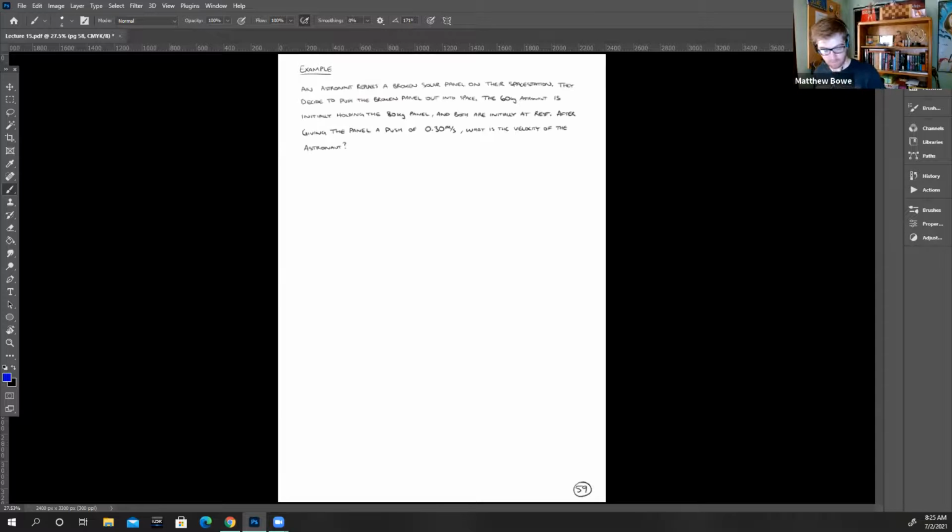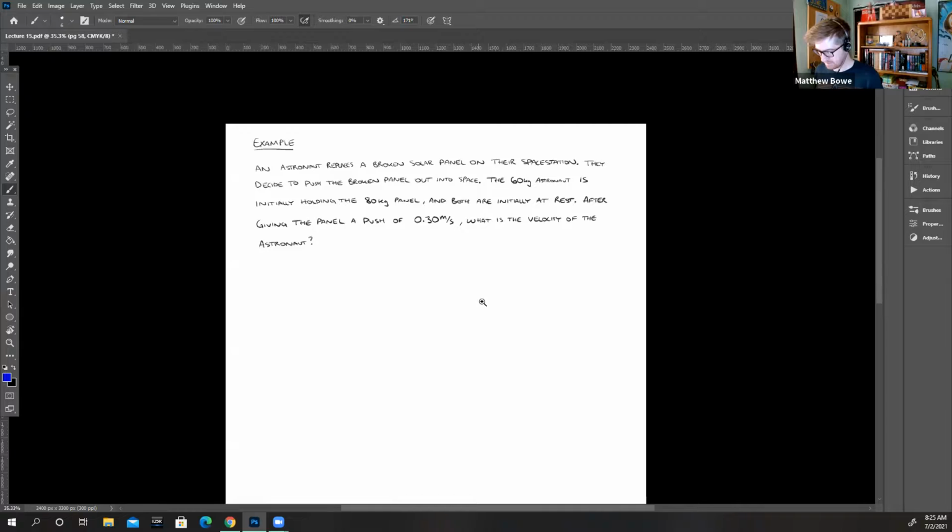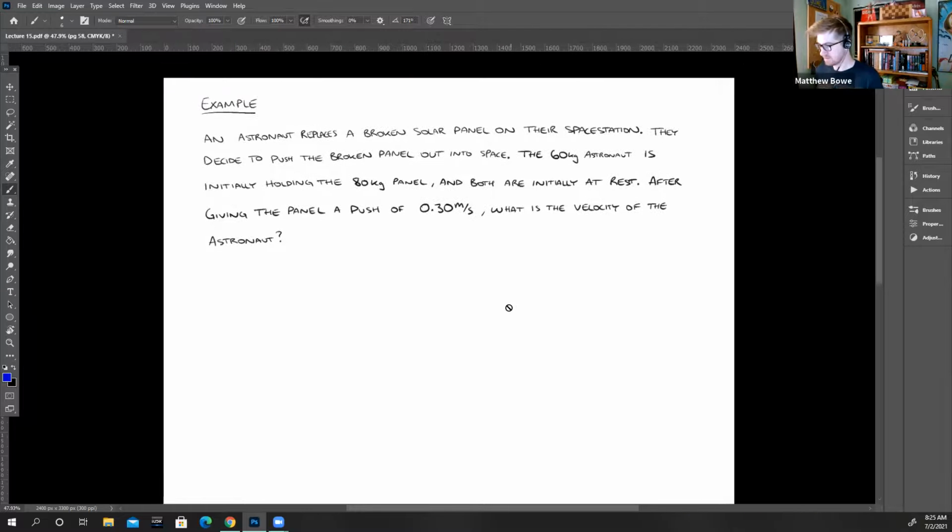Example: we have an astronaut who is replacing a broken solar panel on a space station. They decide that they don't need the old one, so they decide to push the old one out into space. They're initially holding this panel, and then they give it a push out into space.